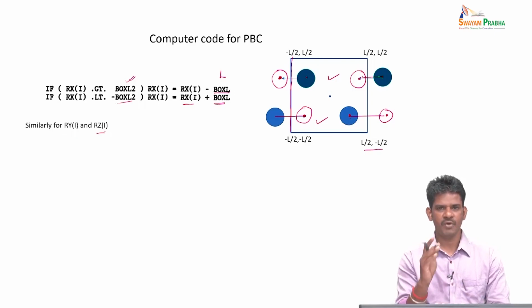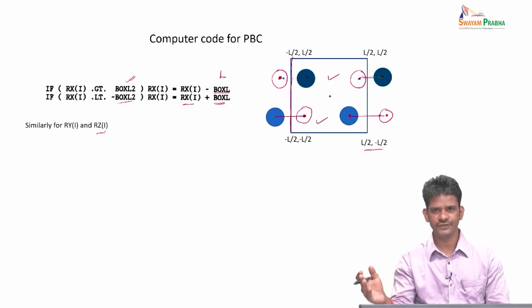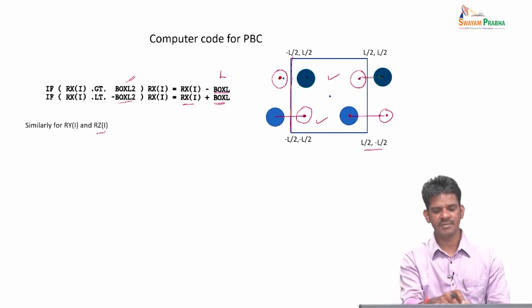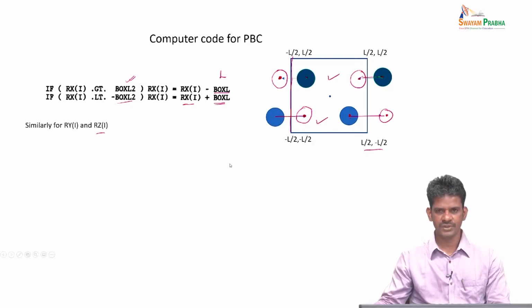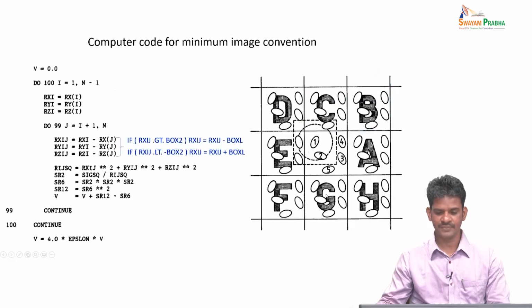Whenever you make a particle move, you have to see whether the particle has escaped the box boundary. If so, you put it back from the other side by simply translating the coordinates by the box length, adding or subtracting depending upon whether it moves to the right or to the left. This is the way you implement periodic boundary conditions.